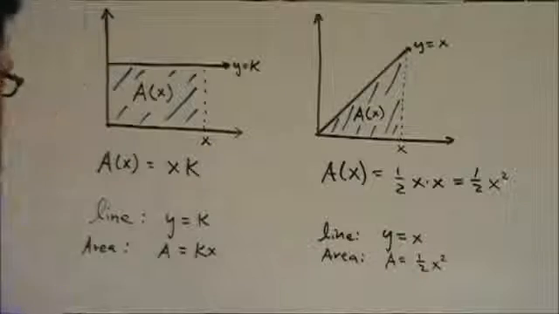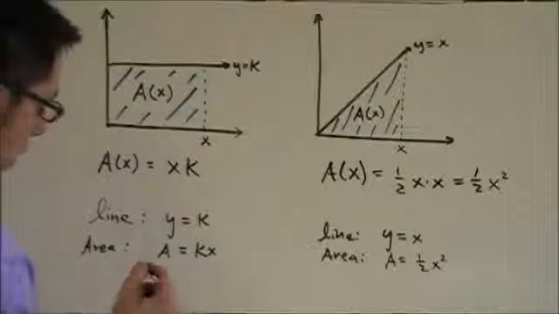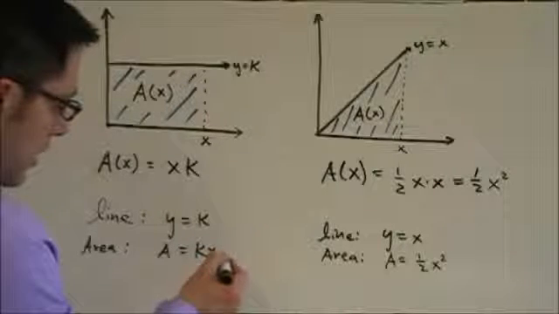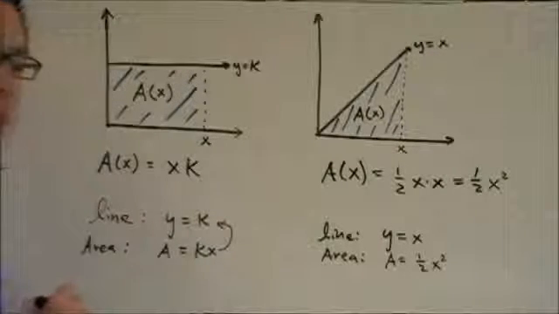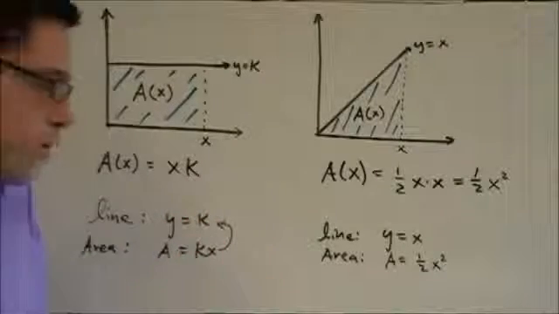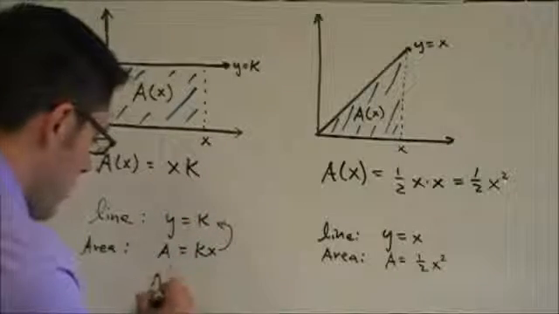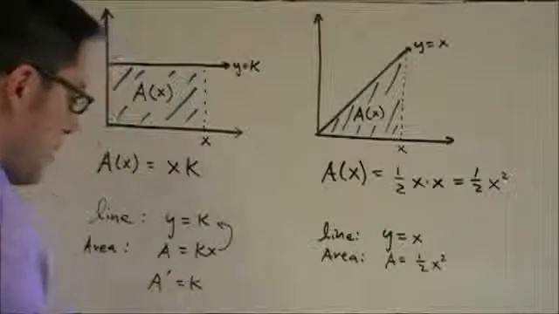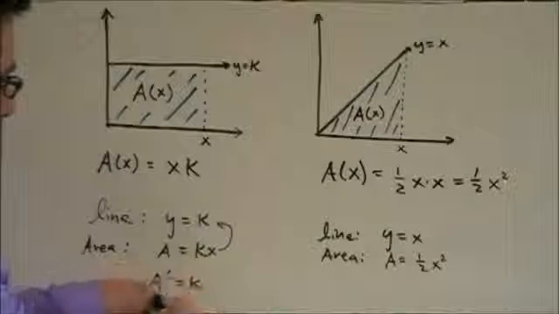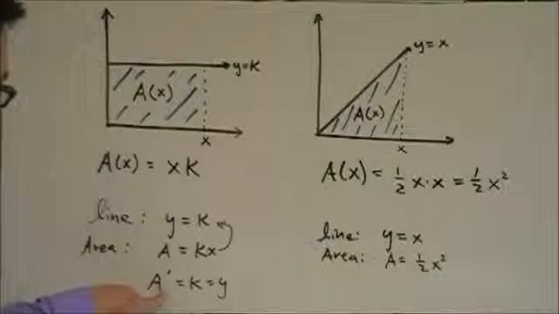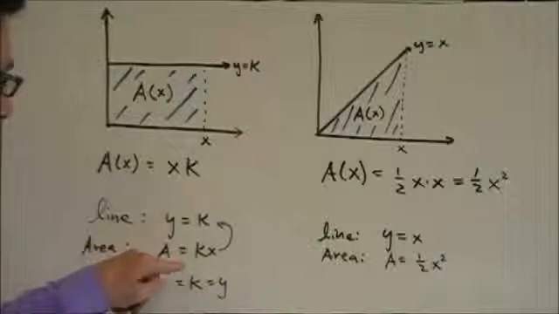That is, if I go in this direction, by that arrow, it's really just the derivative, right? Because we already know derivatives. Over here, if I take the derivative of A with respect to x, I get k, because the x goes away, I just get a k, which is, of course, equal to y, my line. So the derivative gives you back the line.